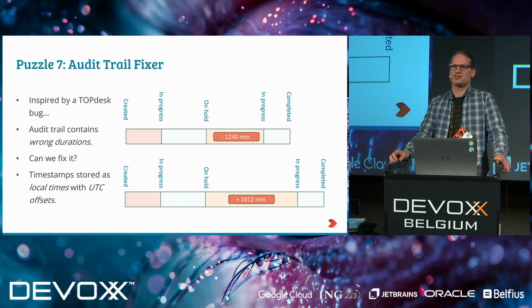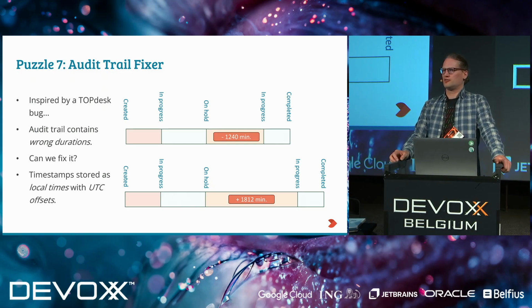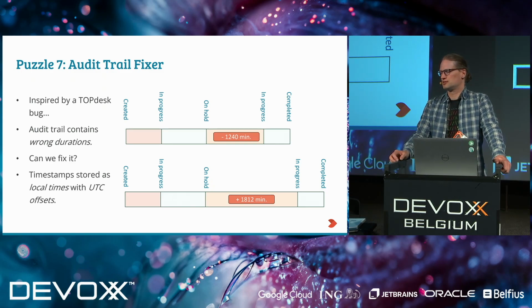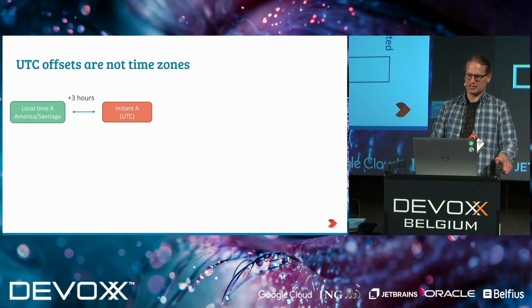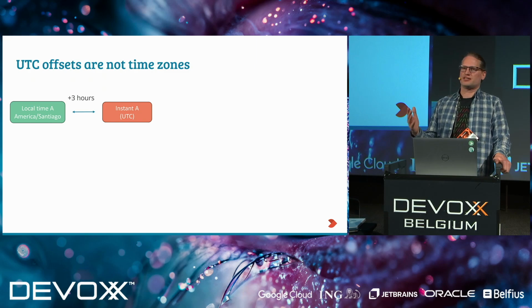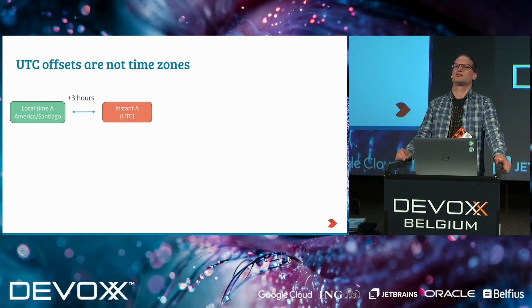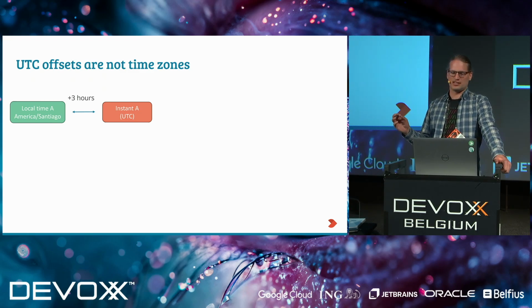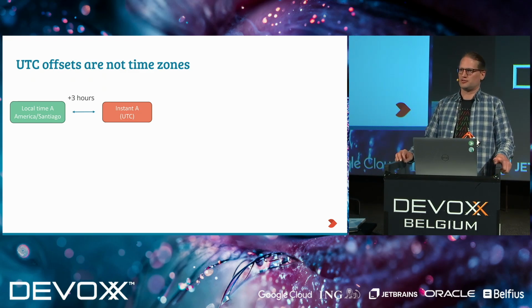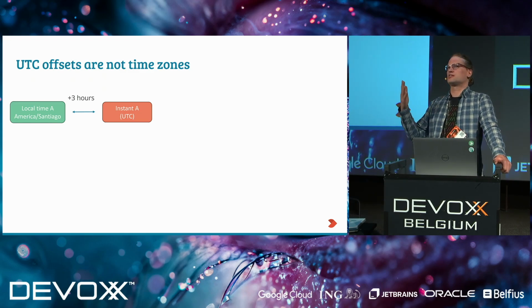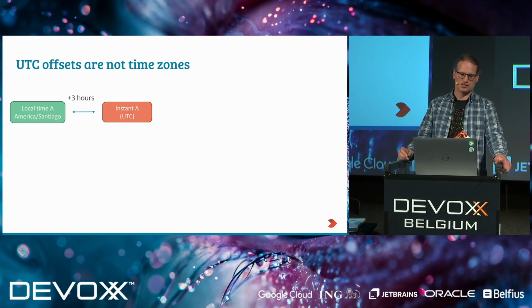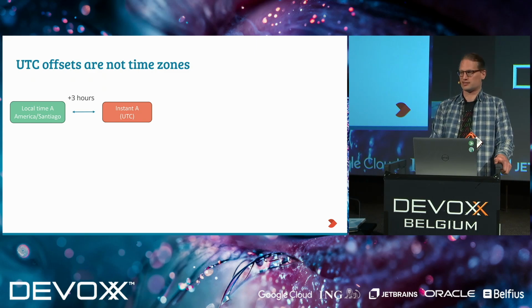The problem is that the timestamps were stored as local times with UTC offsets. And that makes it hard to calculate with them. Because UTC offsets are not time zones, and that's basically the lesson of this puzzle. If you start with a particular time zone, let's say we have a timestamp from Santiago, Chile, and we know that this is summer in Santiago, so the offset is -3 hours, so we have to add 3 hours to get to the UTC instant.